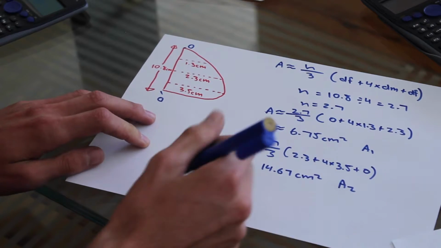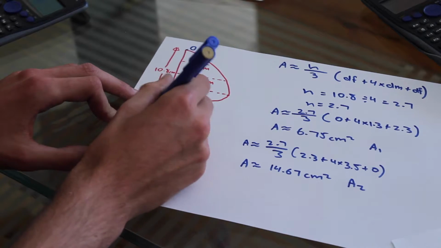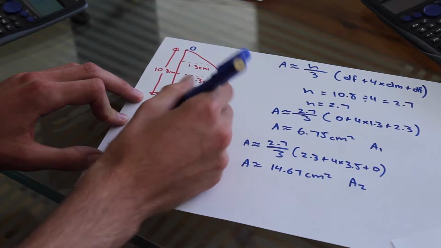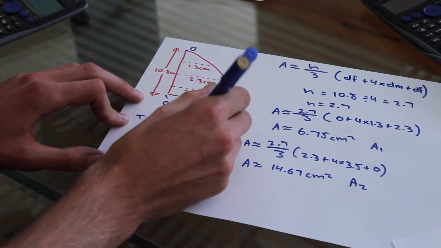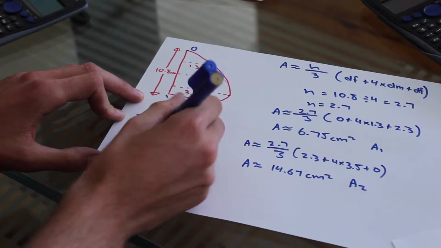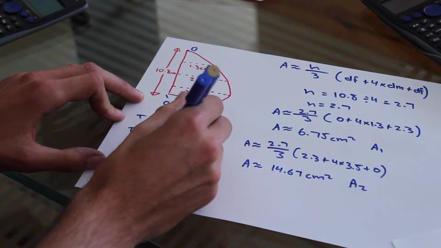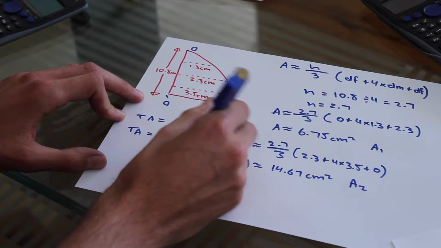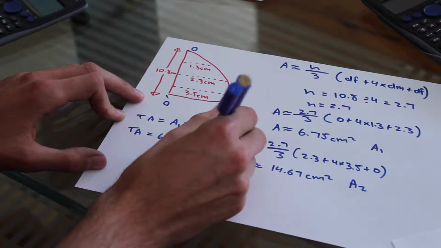Now in order to find the complete area, the total area is equal to A1 plus A2. So total area is equal to 6.75 plus 14.67.